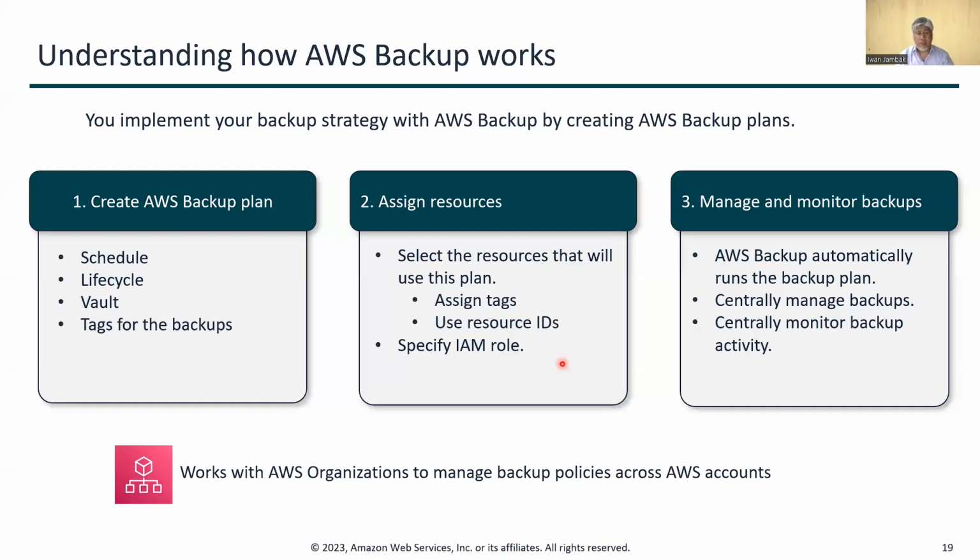And then you can also specify the IAM role in order to do the backup. AWS Backup automatically runs the backup based on your plan, based on the schedule, based on the life cycles. And then centrally, you can manage the backup, and centrally, you can monitor the backup activity.